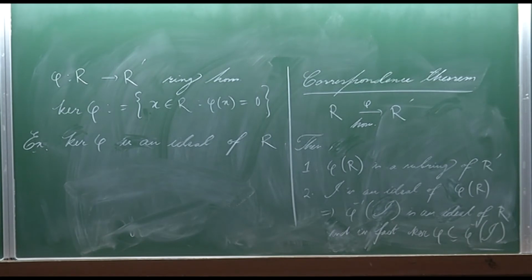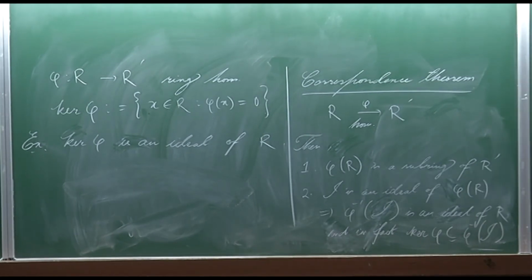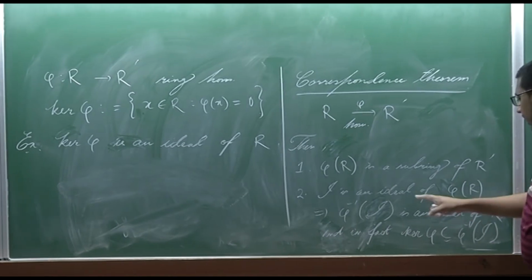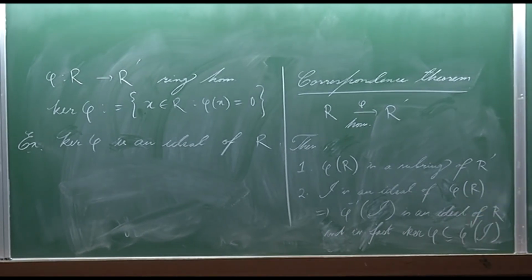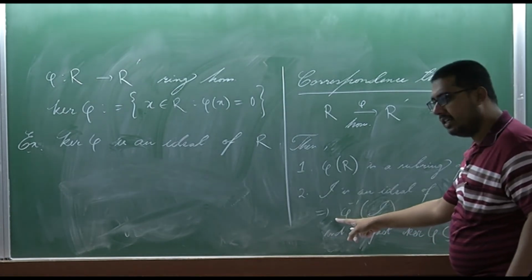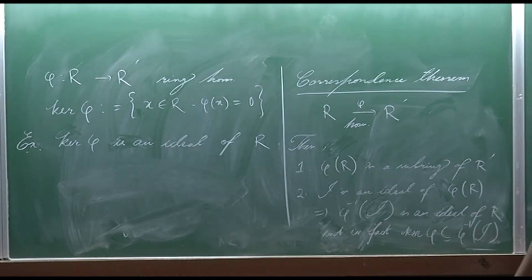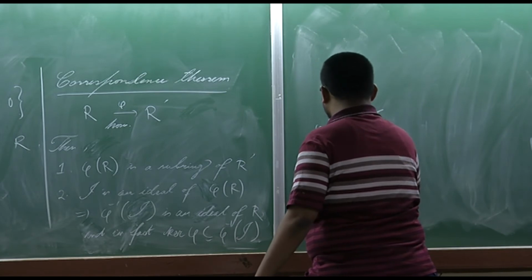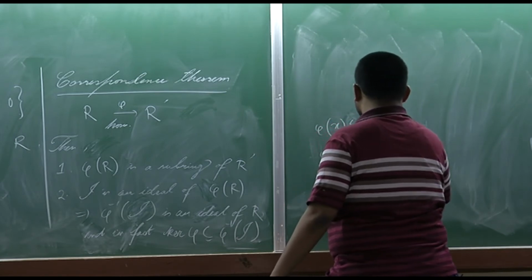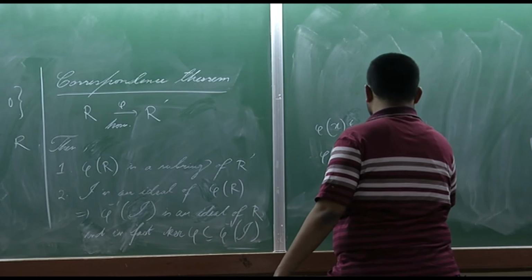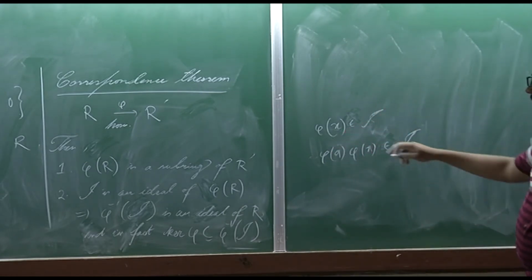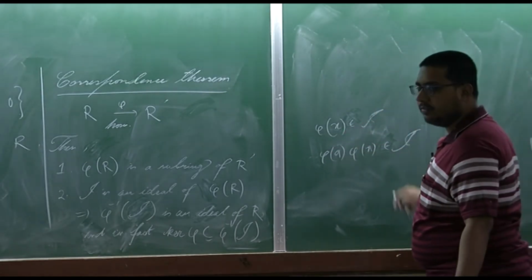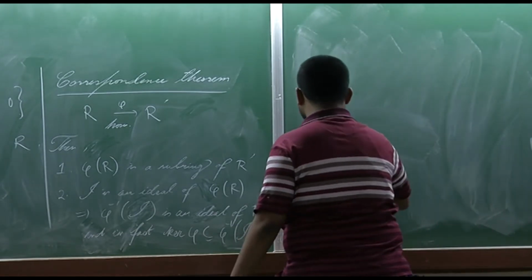The verification is as usual, I am leaving to you. Remember, here it has to be an ideal of phi(R). For example, if you want to quickly see, suppose phi(x) is in the ideal, then for any a, phi(ax) will be in the ideal. So that shows that ax will be in phi inverse of I. So it is quite immediate.